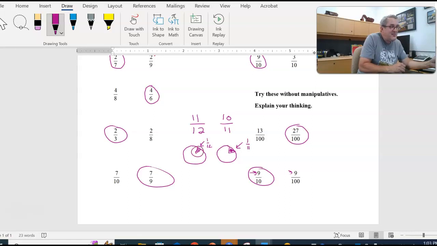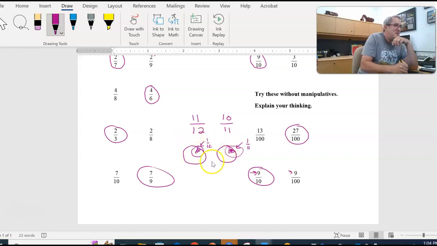So this sliver right here is just a smaller piece of the whole. And so a smaller sliver is going to make me closer to one whole. This is going to be a bigger piece, and so a little bit further away than one whole. Since this one is a smaller piece, 1/12 compared to 1/11, this one is closer to filling in the whole circle than this one.